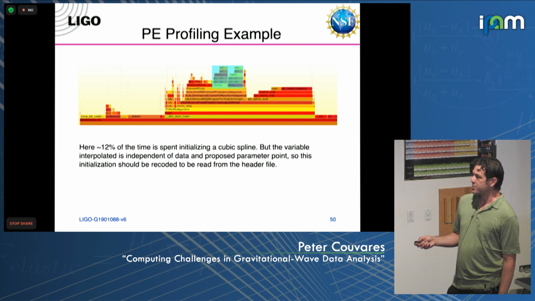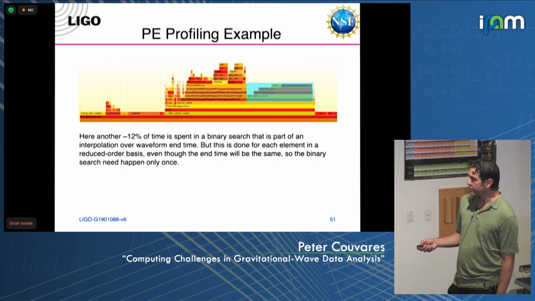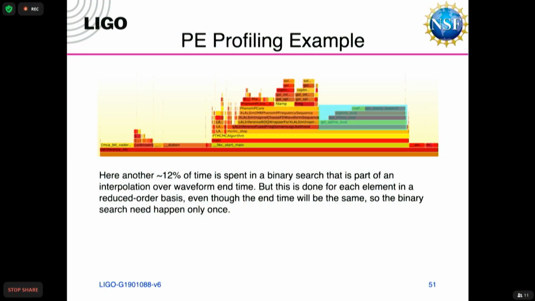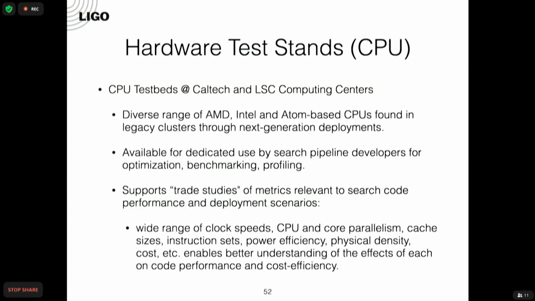Here we found that 12% of our time was spent initializing a cubic spline, but again, it was independent of the proposed parameter point, so we can calculate it once ever and write it in the header file of the C code and eliminate all this computation. Another 12% was spent in a binary search. Again, we'd only need to do it once, and we're doing it multiple times.